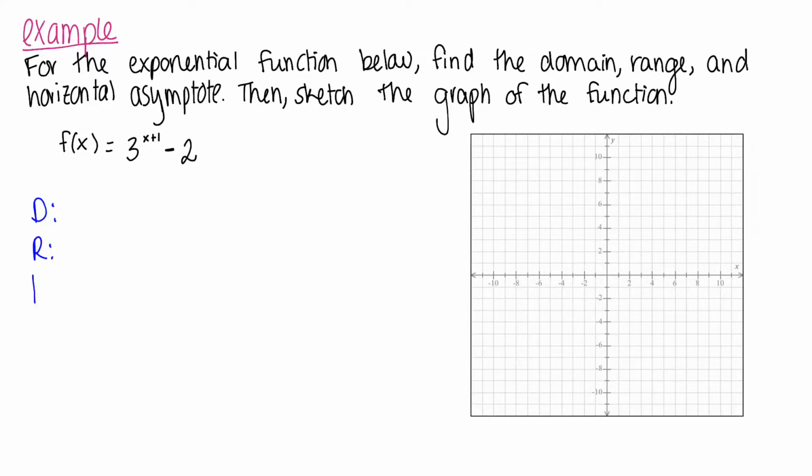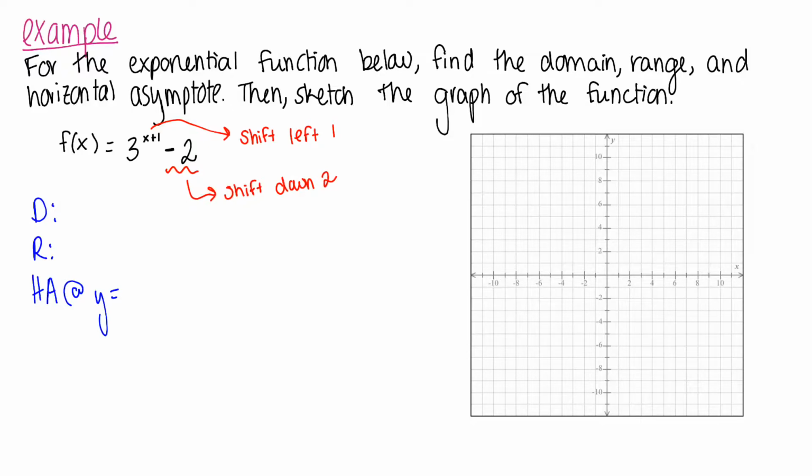Domain, range, horizontal asymptote. So here we have f of x equals 3 raised to the x plus 1, minus 2. So this x plus 1 in the exponent means that we are shifting to the left one. And this negative 2 on the outside means that we shifted down 2.